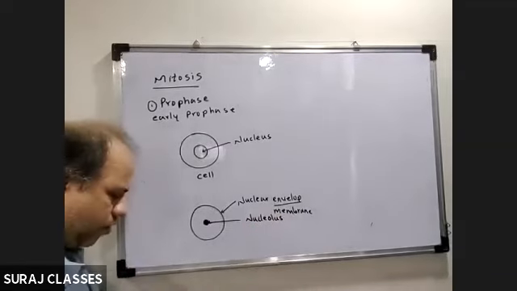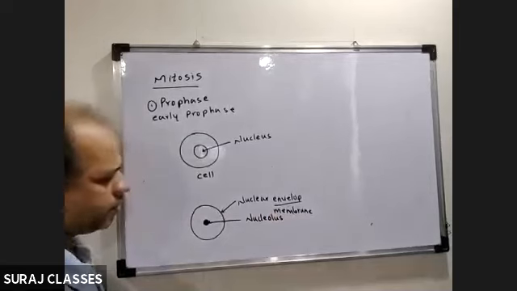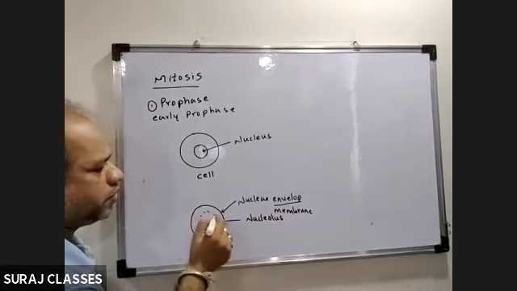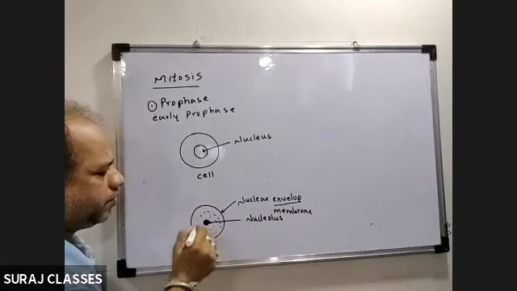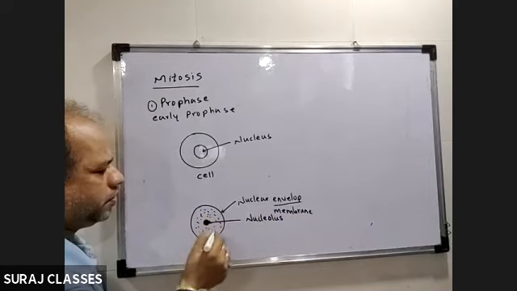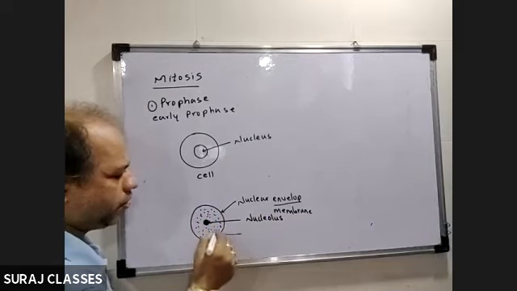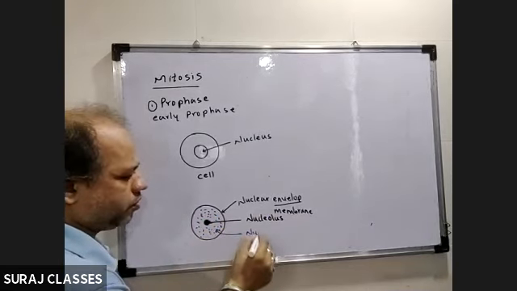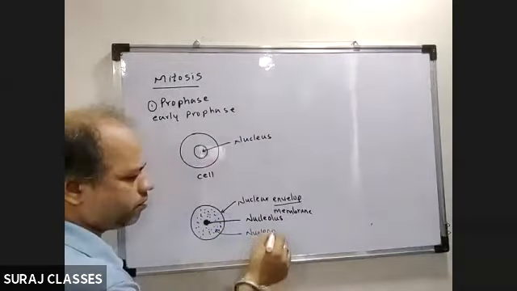Now it is surrounded by chromatin reticulum, and by a liquid part. The liquid part is called nucleoplasm.